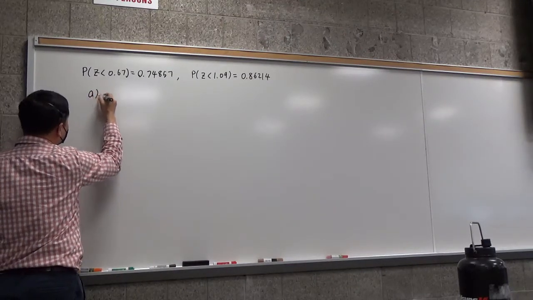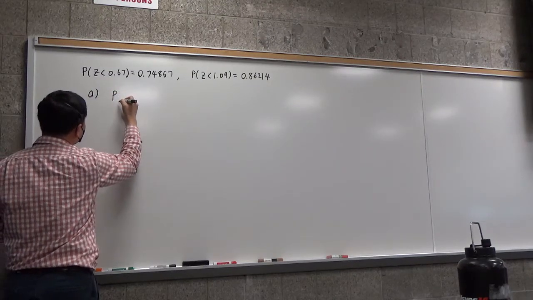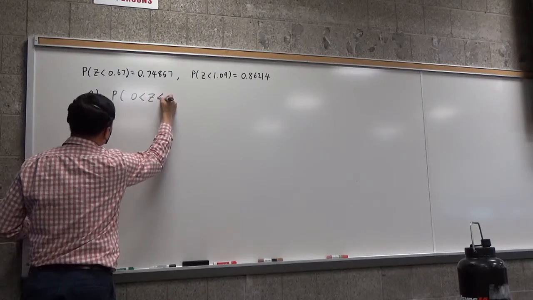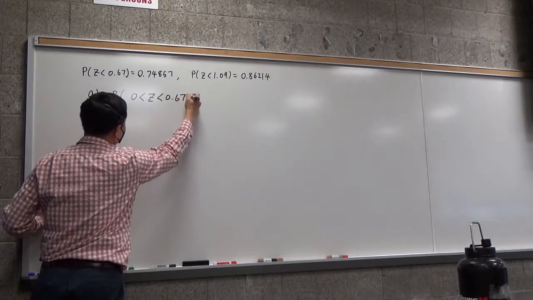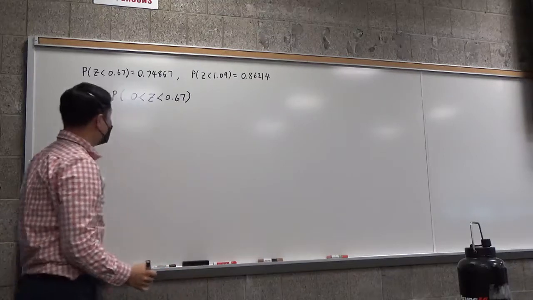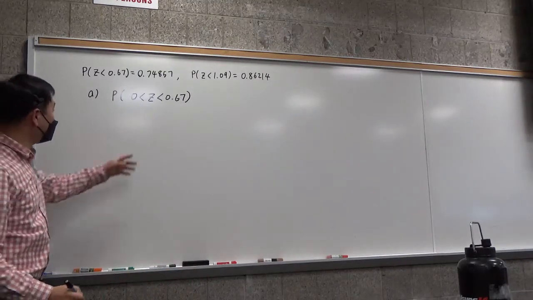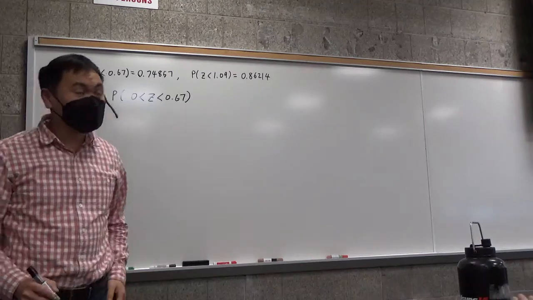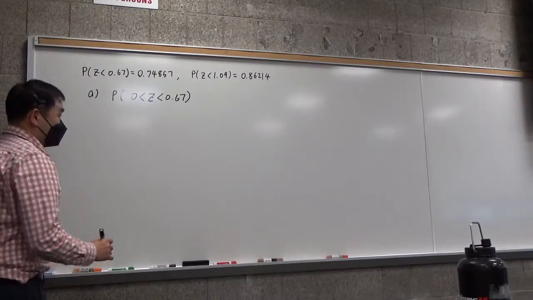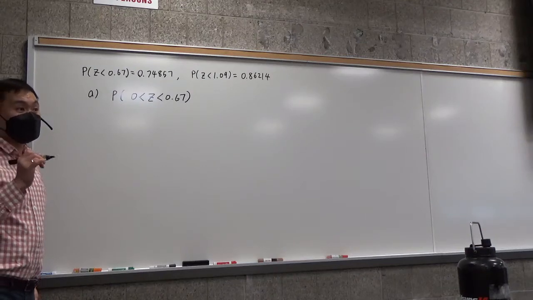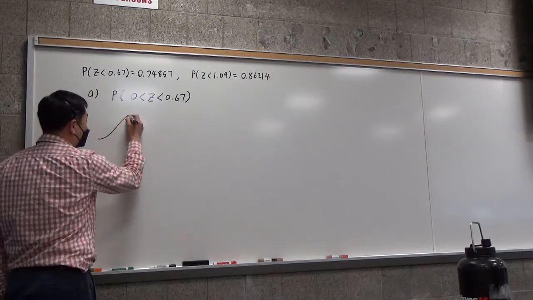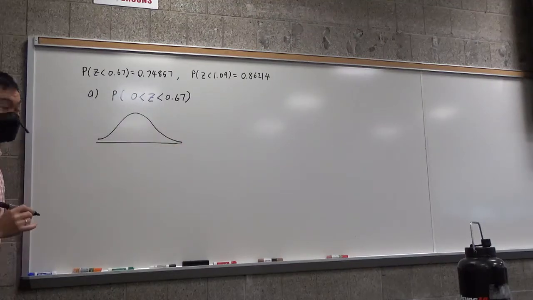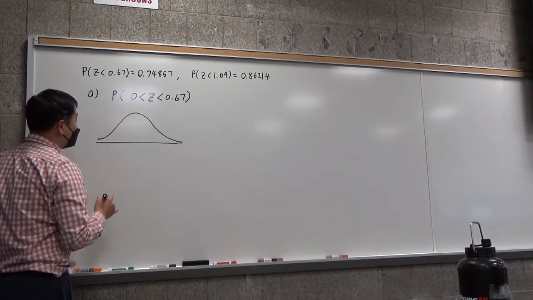A, what is the probability that you have 0 to 0.67? So what's the probability that the z value is between 0 to 0.67? Let's think about that. And it all starts by drawing the correct picture. Without the picture, it's hard to understand what's going on. Okay, so it's really important that you draw the correct picture.